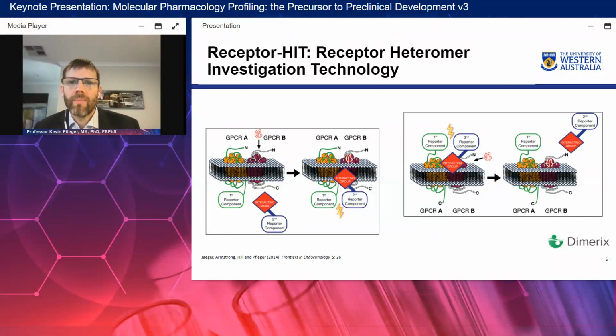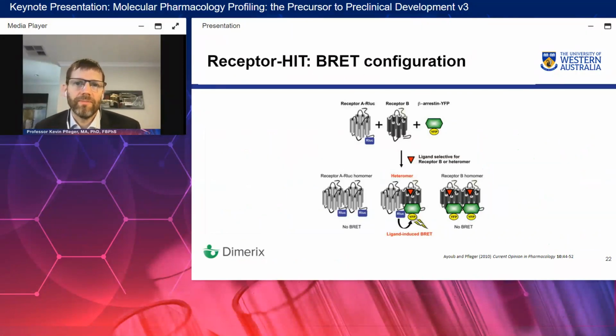You can then look at a range of different compounds that are unlabeled. They would then compete for the interacting group, and this would actually come away from the receptor. The proximity between the first and second reporter components would reduce, and as a consequence, we have a competition binding assay that is selective for the heteromer complex.